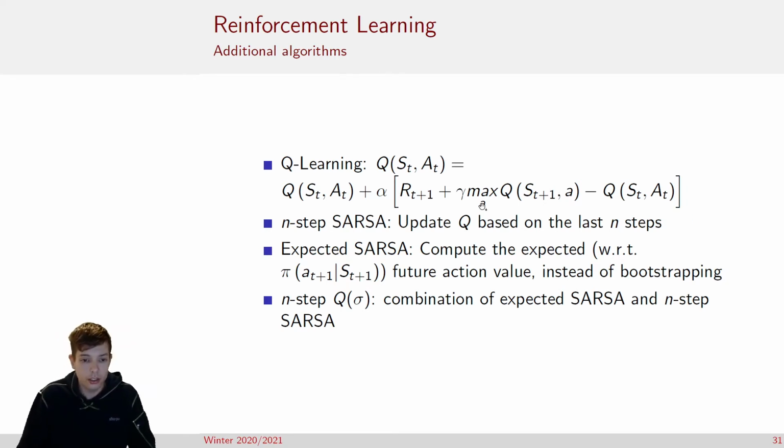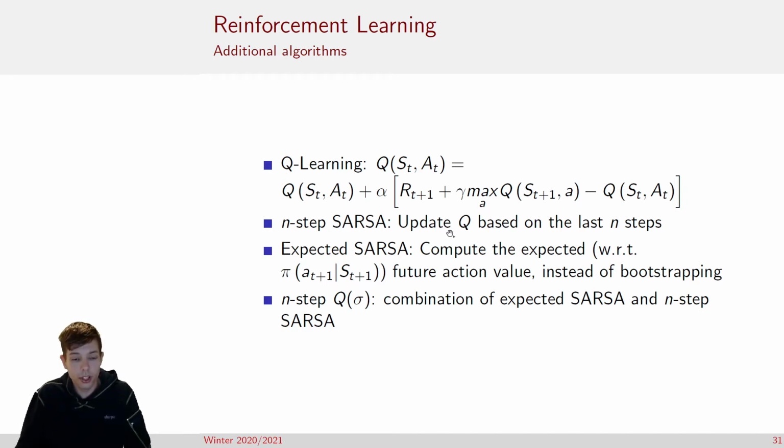What we have seen is a one-step SARSA algorithm. So we only decided for one action, and after that action was executed, we updated our action value function and our policies directly.